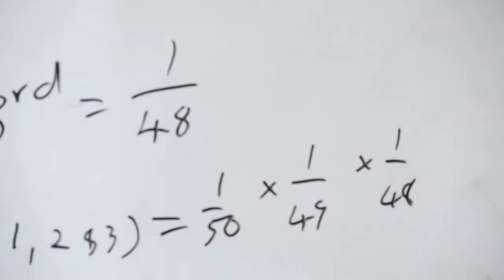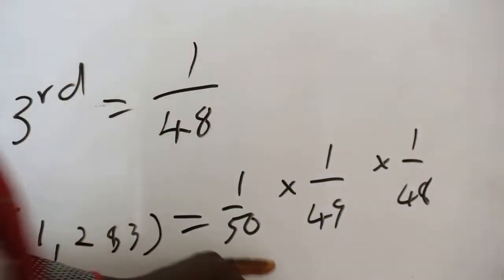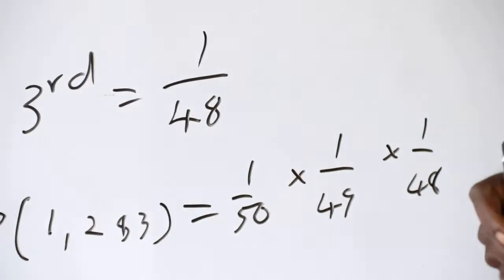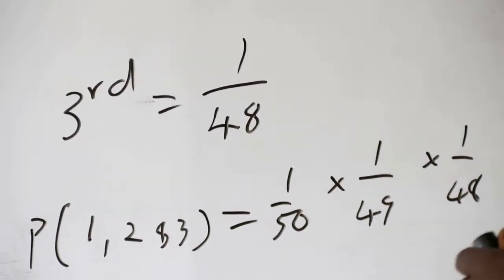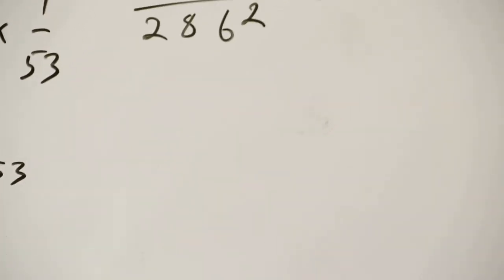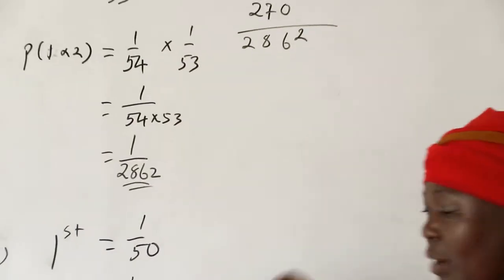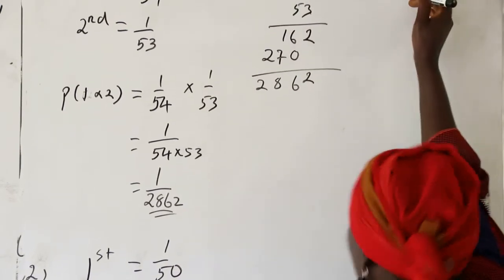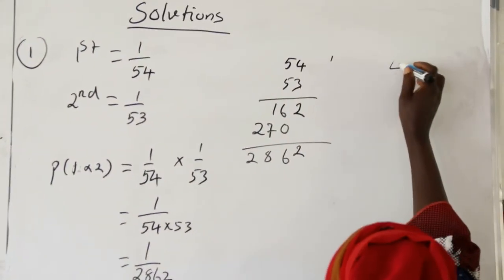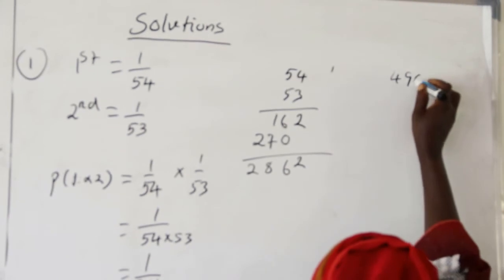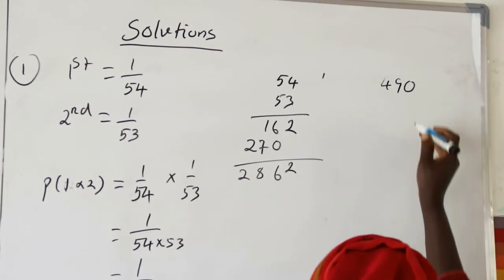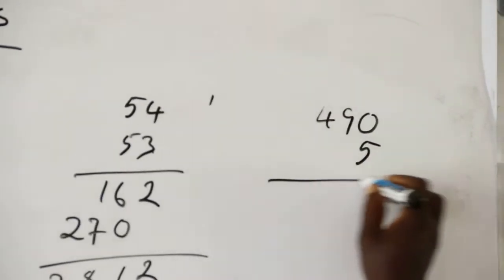Now, you will multiply them out using our traditional method. So we have 49. I've told you that if you have a number that ends with 0, you just pick the 0 and multiply by the other number. So if you have 49 times 50, just add the 0 of the 50, then multiply by 5.